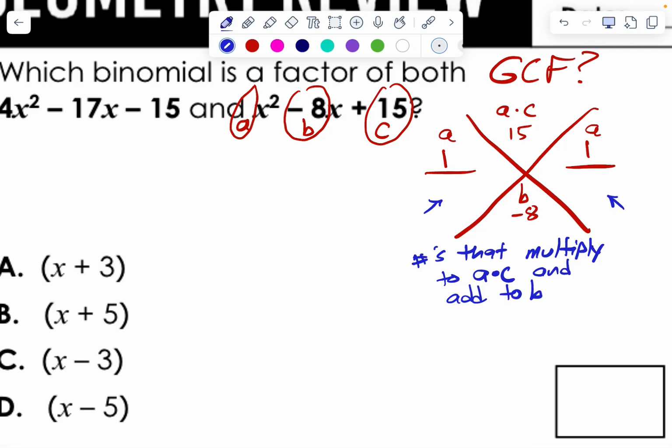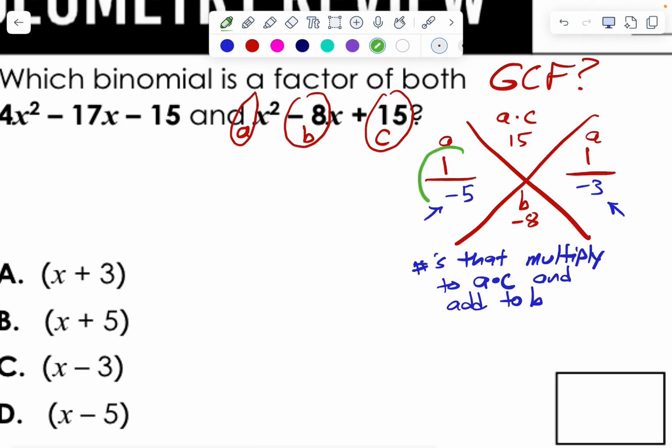So in this case, we need numbers that multiply to make positive 15 but add up to negative 8. So what would those be? Multiply to positive 15, add to negative 8. Negative 5 and negative 3. Okay, those multiply to positive 15 and add up to negative 8.